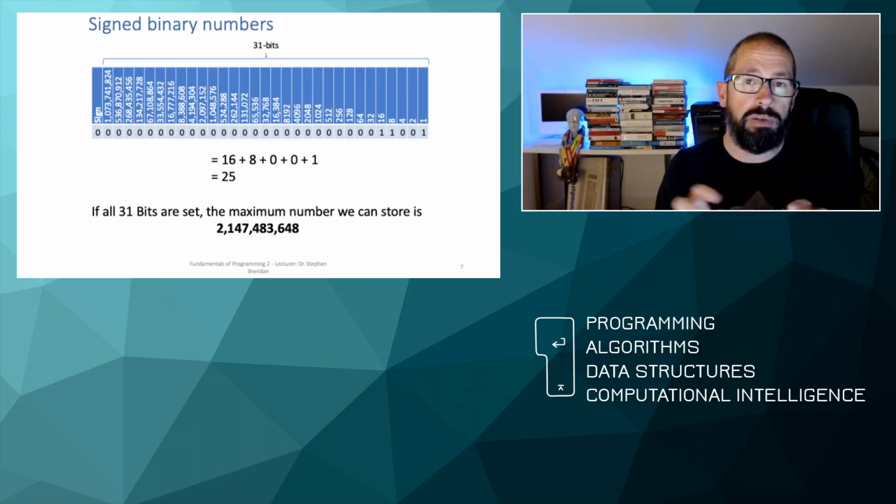So if we add up those components, 16 plus 8 plus 0 plus 0 plus 1, we get 25. So that's one way we can convert that binary bit string into a decimal number.